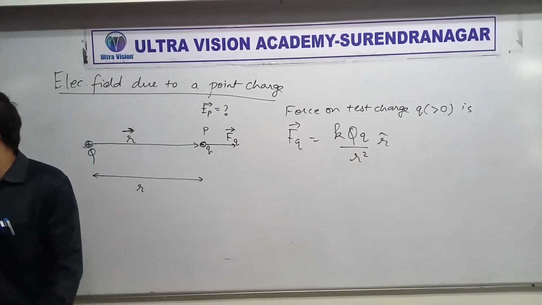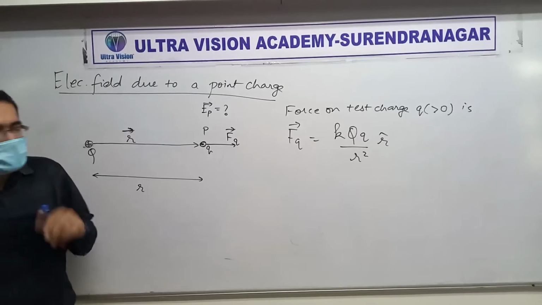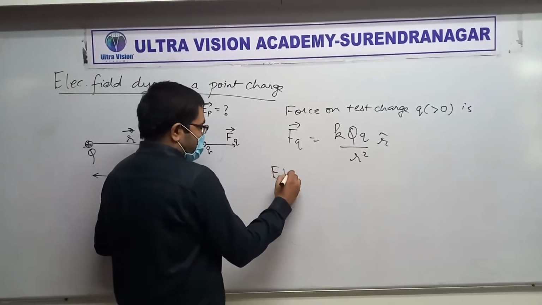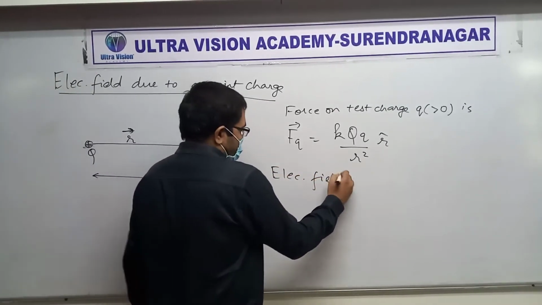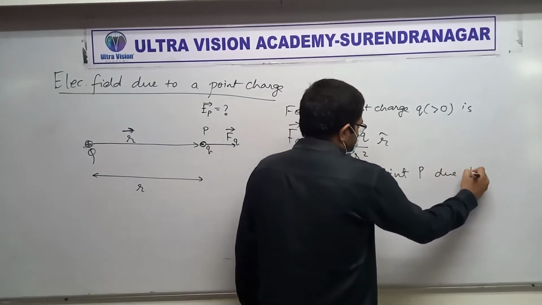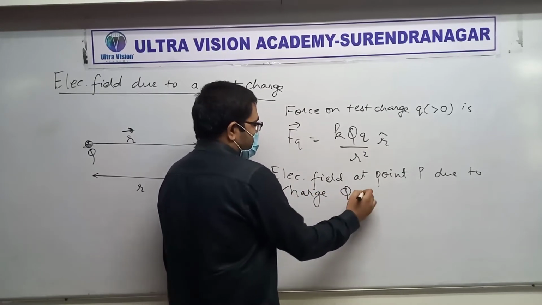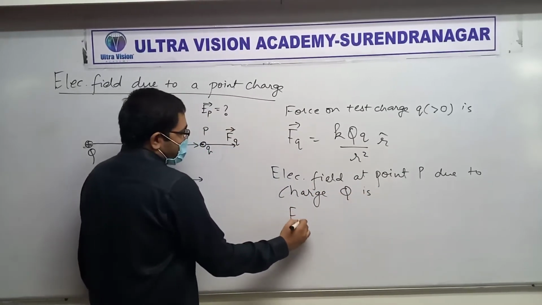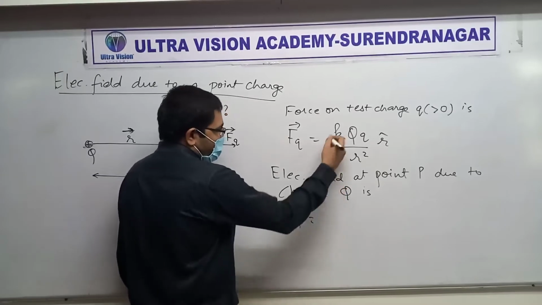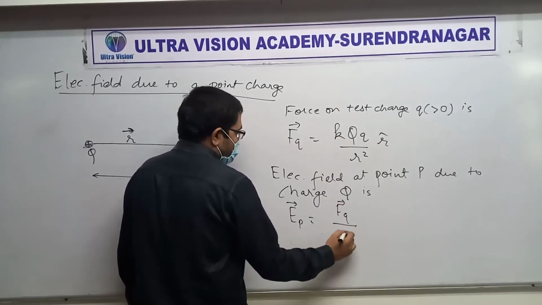Now how to find electric field at that point? Divide by q. So electric field at point P due to charge capital Q is E_P vector equal to F on small q divided by small q.